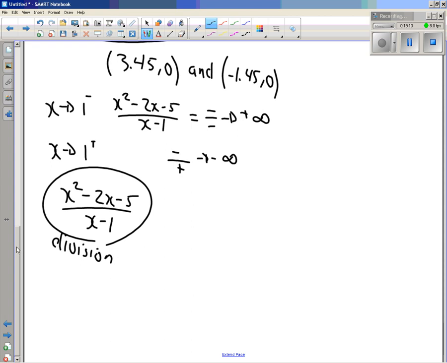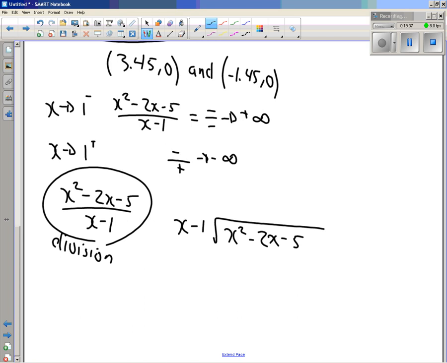So if we did long division on this division statement, and this one's actually a bit easier to do long division on as opposed to synthetic. The reason being that we're going to have a remainder.